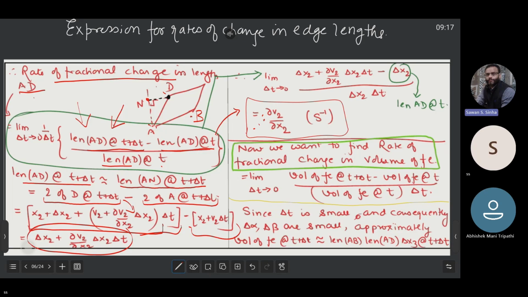AD is the edge which was originally along E2, the second unit vector. So that's why you get 2 and 2 here. The SI unit is per second. So meters per second divided by meters turns out to be per second. All right.